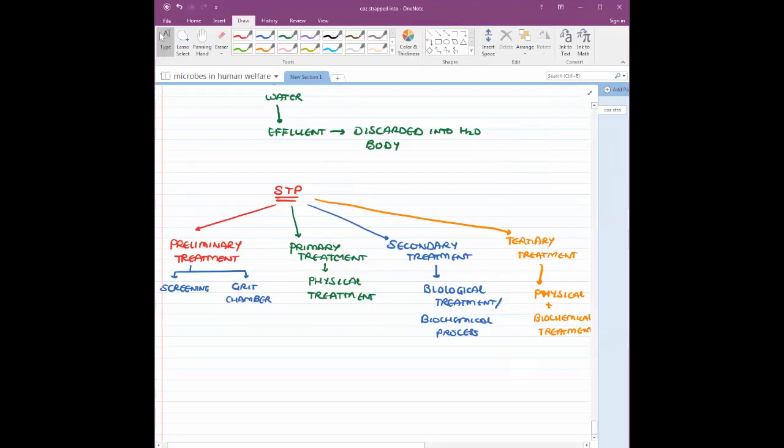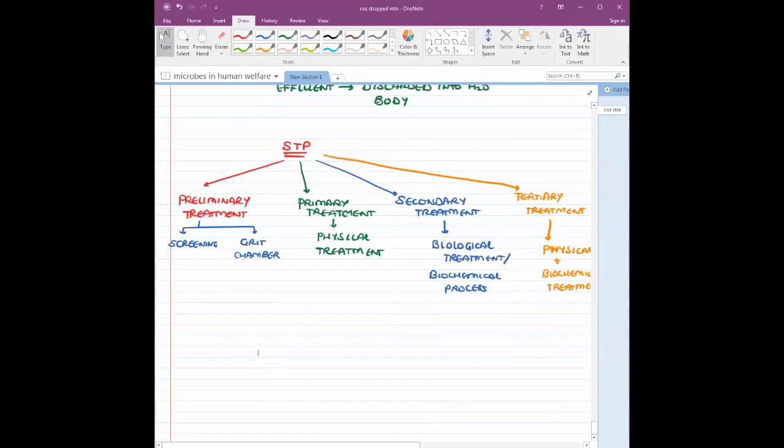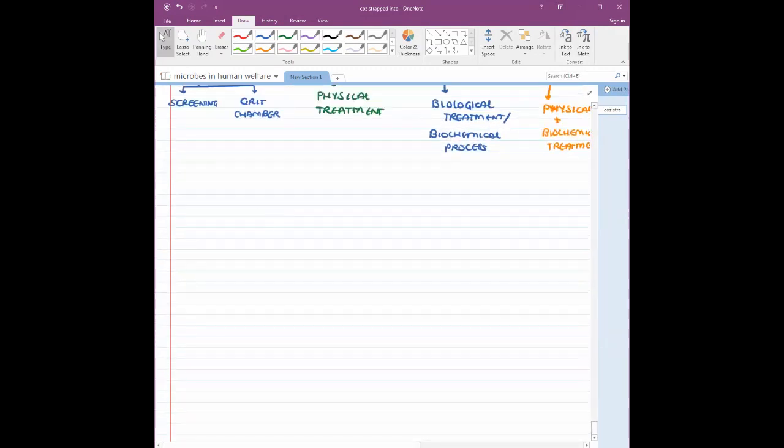Okay, chalo. So guys, let's try to see what exactly is going to happen in your preliminary treatment, and what all this is going to be like. So let's imagine we have collected all your sewage water. So your sewage water has entered. Now, first we are going to go for your screening. So let's say this is your sewage water.